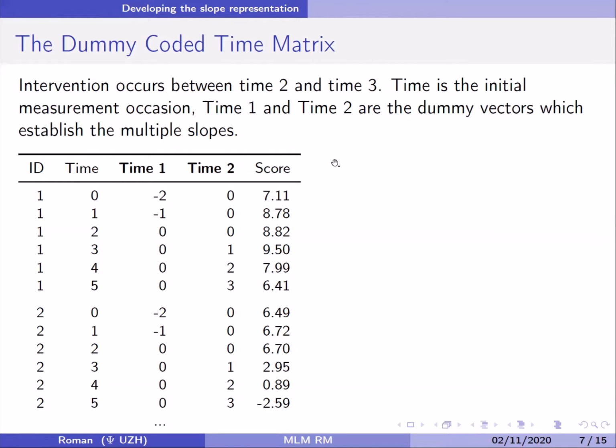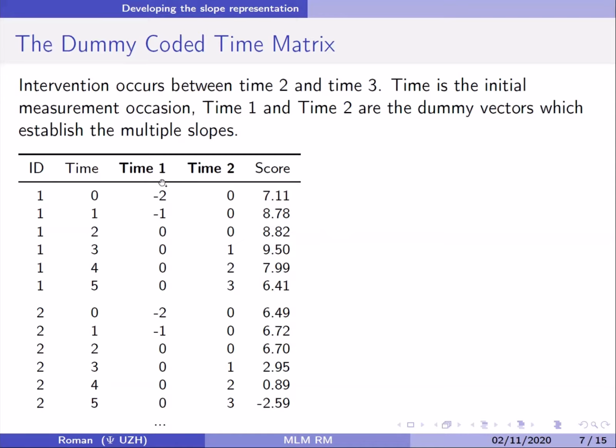What we need to do is use dummy coding, similar to categorical effects in regression. We need to use dummy coding to balance the time points so that they reflect these different slopes. And what we need to do is balance it so these slopes overlap at some middle time point.